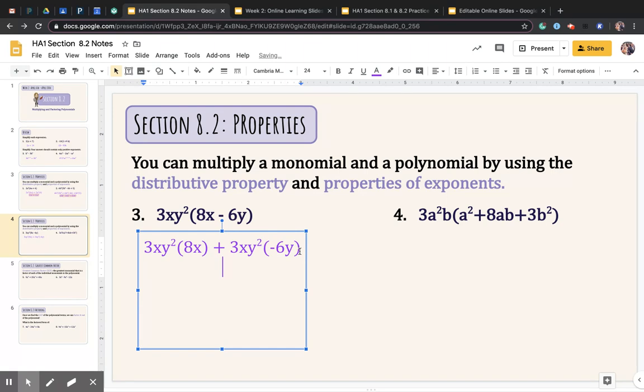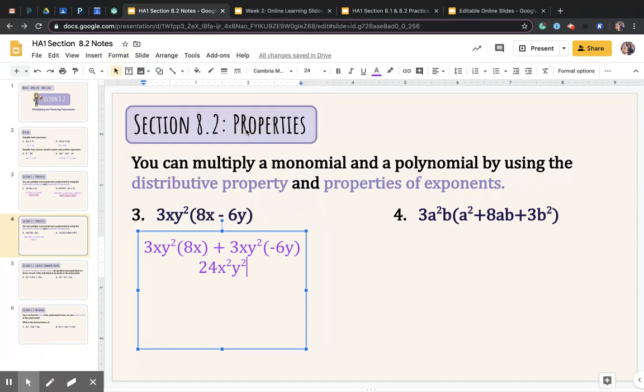Again, if I distribute, 3 times 8 is going to give me 24. I have one x here and another x here. So this is going to give me x squared. And then I still have my y squared. So that's going to come down. I can't multiply that by anything.